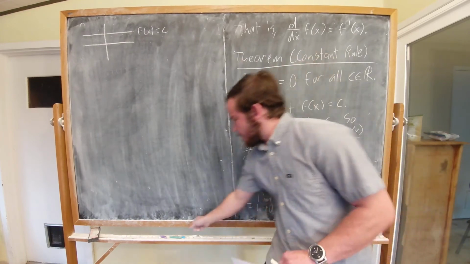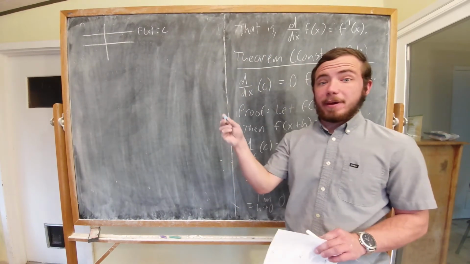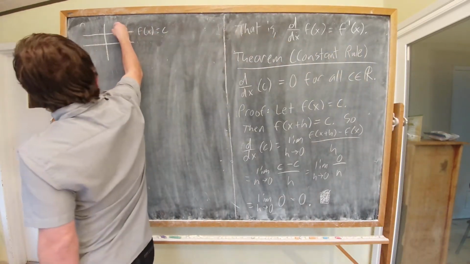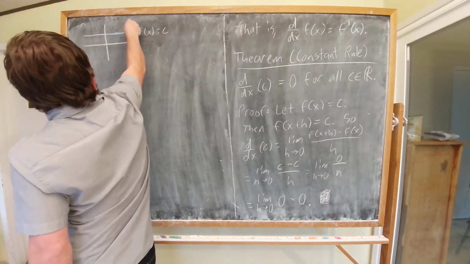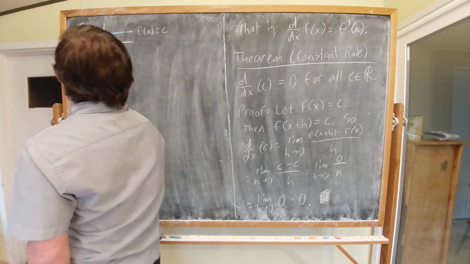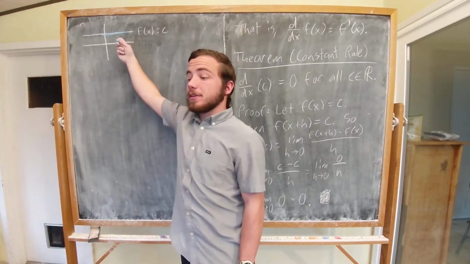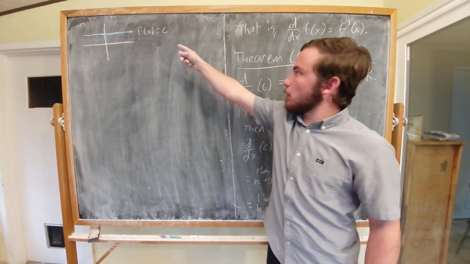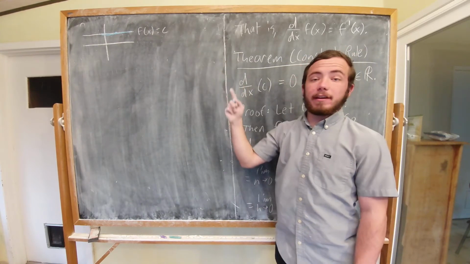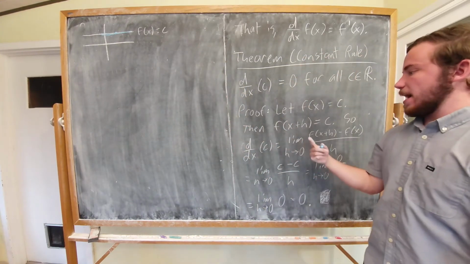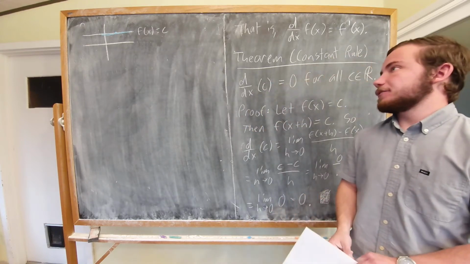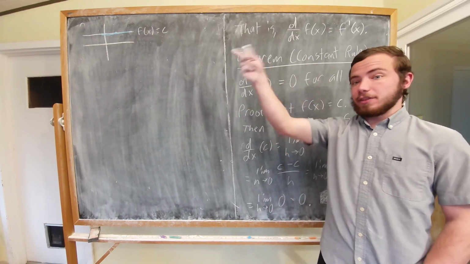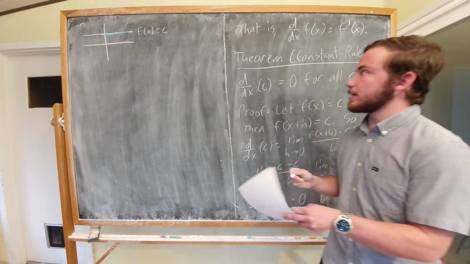And let's note that at any point we pick on our function, the tangent line is just that line back again, which has slope 0. And therefore, the derivative is 0 everywhere. If the derivative at every point is 0, then the derivative as a function will be 0.